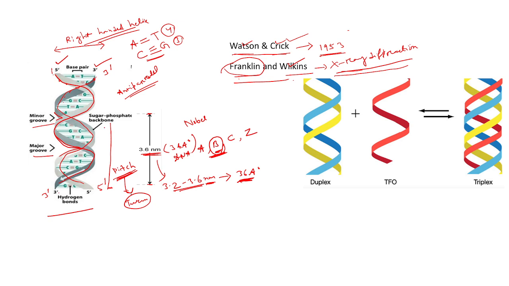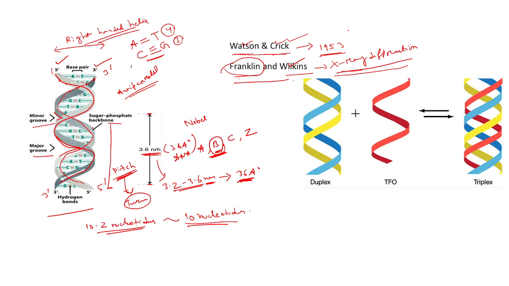Now in every pitch 10.2 nucleotides are present. On an average 10.2 nucleotides, or nearly 10 nucleotides, are present. In the exam it will be asked what the distance between each nucleotide is. So let's see.